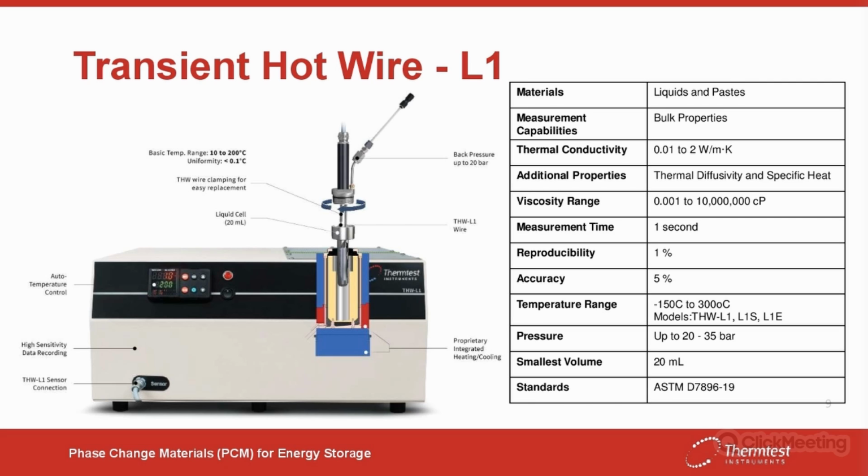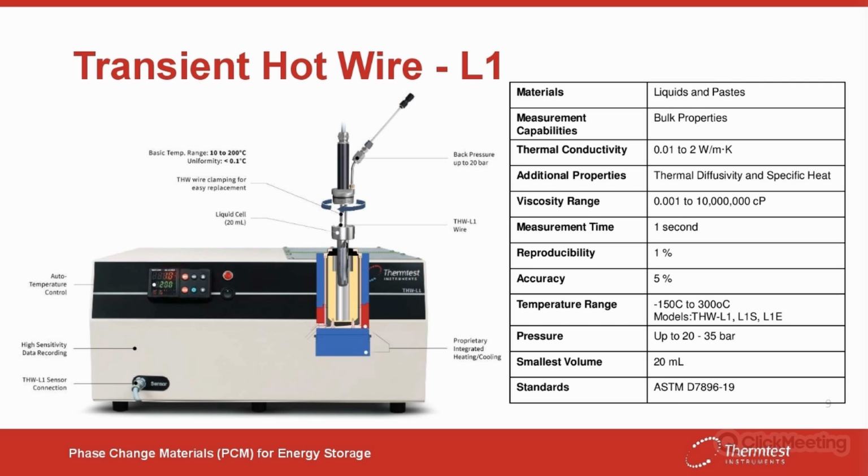This is the transient hot wire, the THW L1. It's suitable for measurements of fluids, of liquids and pastes. The thermal conductivity range is from 0.01 to 2 watts per meter Kelvin. Additionally to the thermal conductivity, it measures the thermal diffusivity of the fluids and calculates the volumetric specific heat.